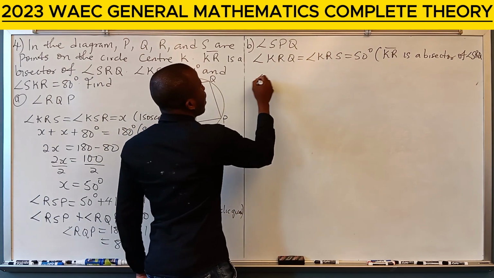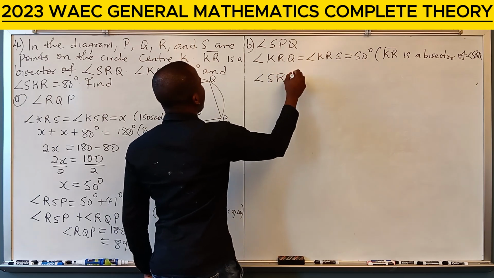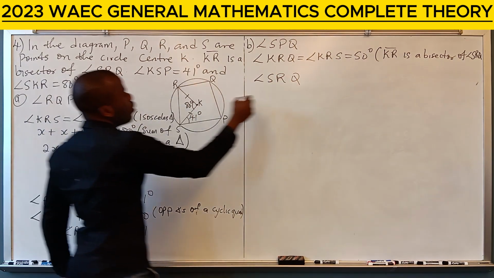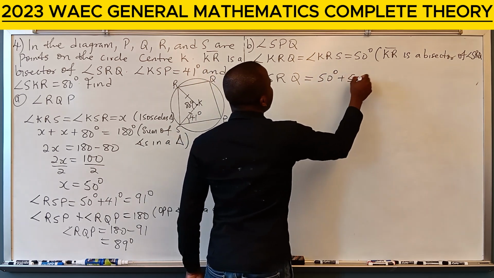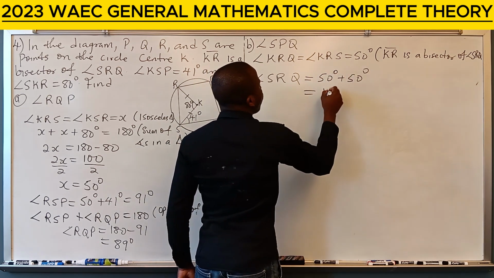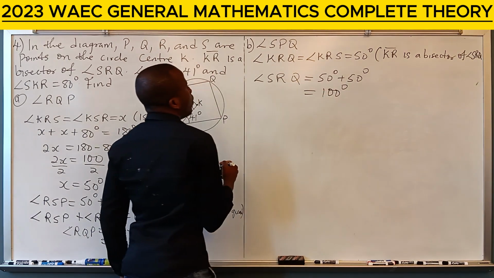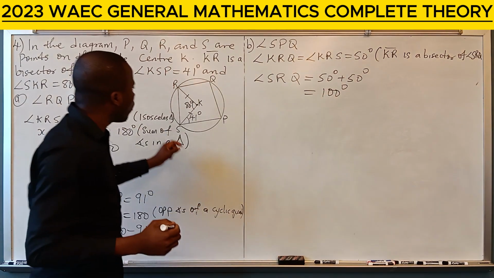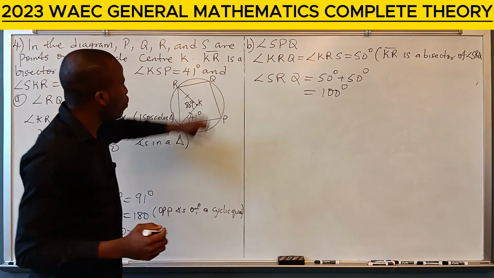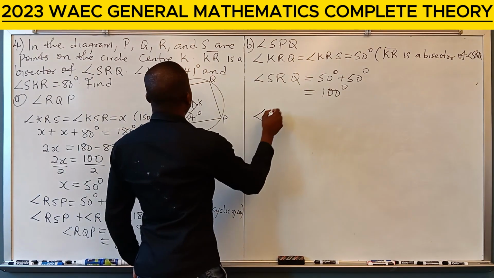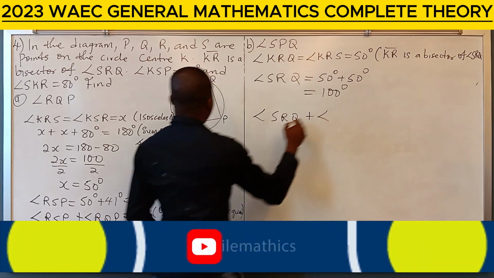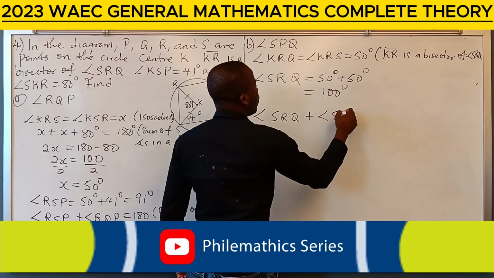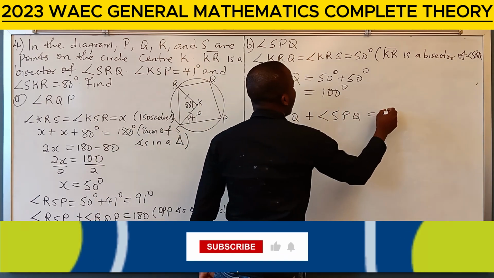So it means that angle SRQ, this angle, is 50 degrees plus 50 degrees, which is 100 degrees. Now, from supplementary angles, these two angles are supplementary. Angle SRQ plus angle SPQ we are looking for equals 180.